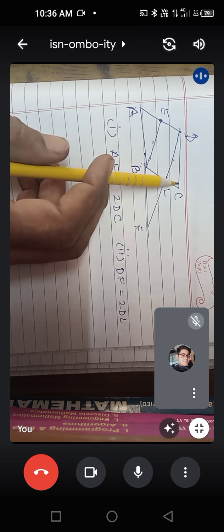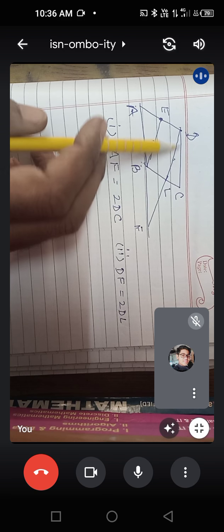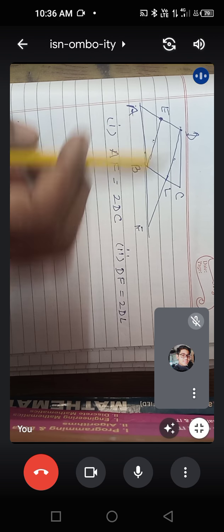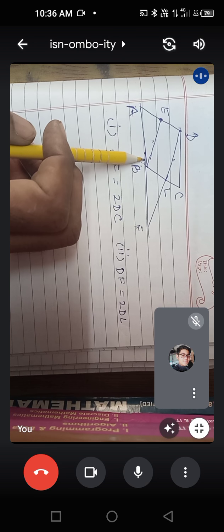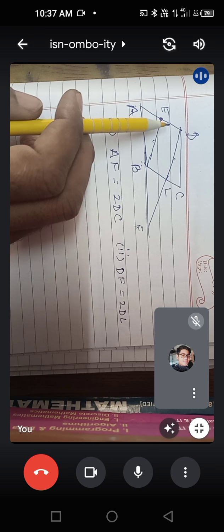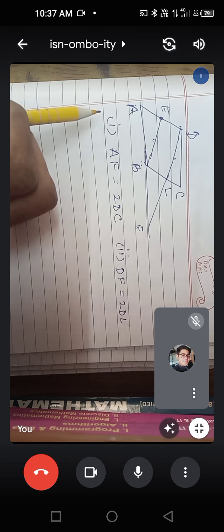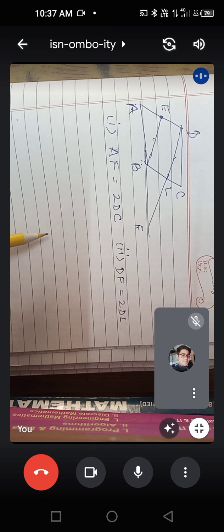And DF is this, D is this and F is this. DF is equal to 2 times DL, that is DL is this.